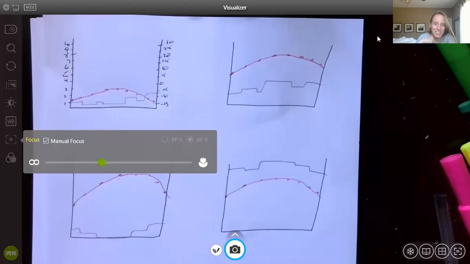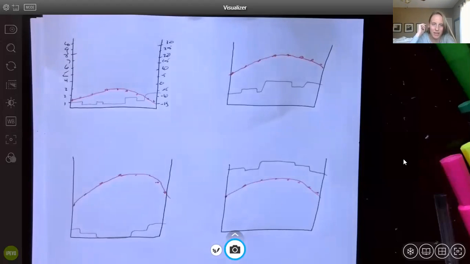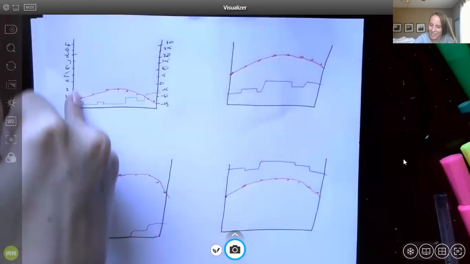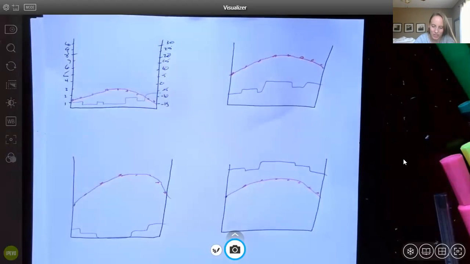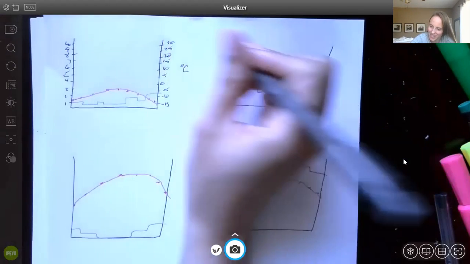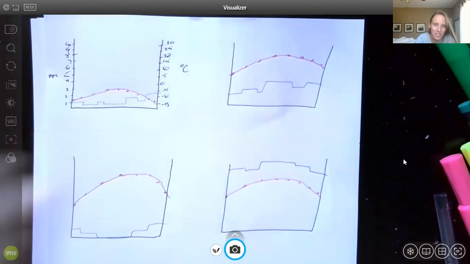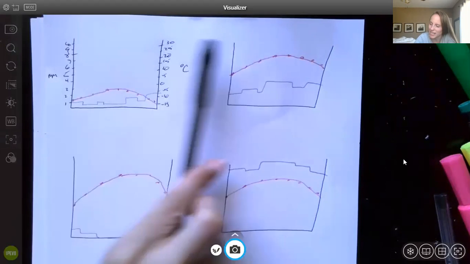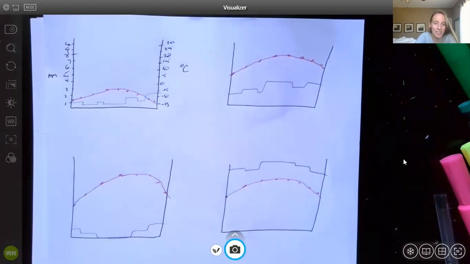Okay, so I have sketched out 4 different climatographs here for you, and I've only labeled the axis on the first one. This is going to be in degrees Celsius. This is going to be the precipitation in millimeters, but just pretend that all of these axes are the exact same as each other.